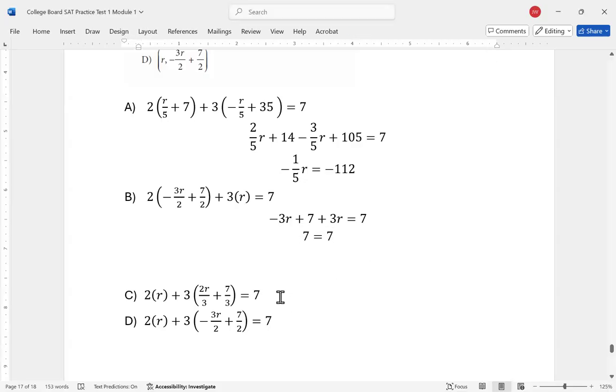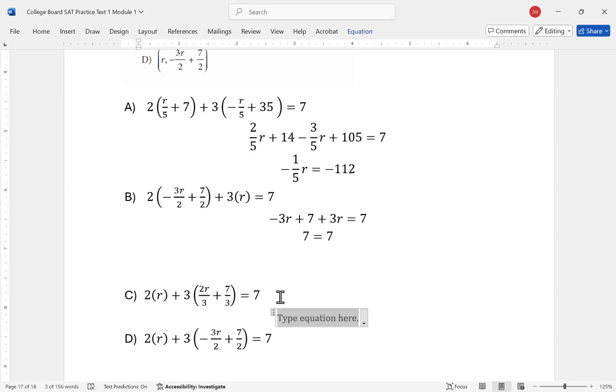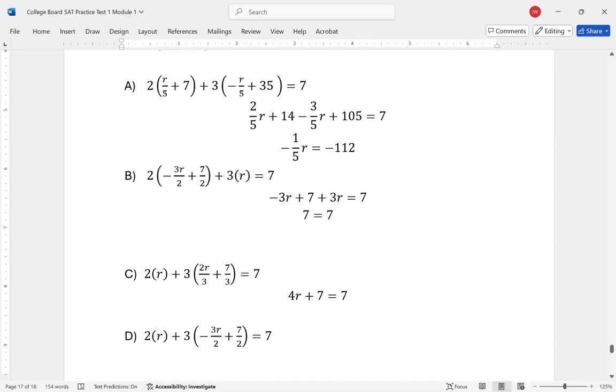By the way, if you did this for part C and part D, you'd get a similar thing that you got in A. Basically for part C, I won't go through all of the steps, but you'll end up with 4r plus 7 is equal to 7, and that's obviously not true for all values of r. And then for part D, you would end up with negative 2.5r plus 10.5 is equal to 7.